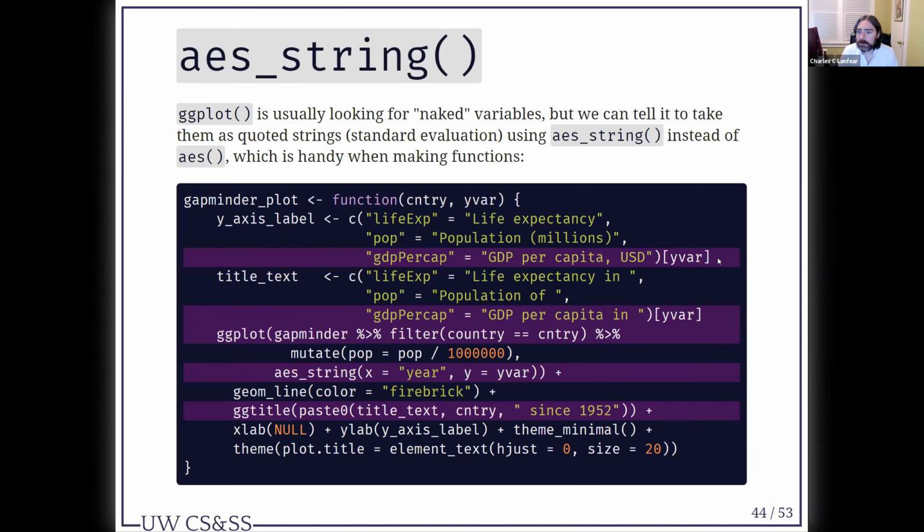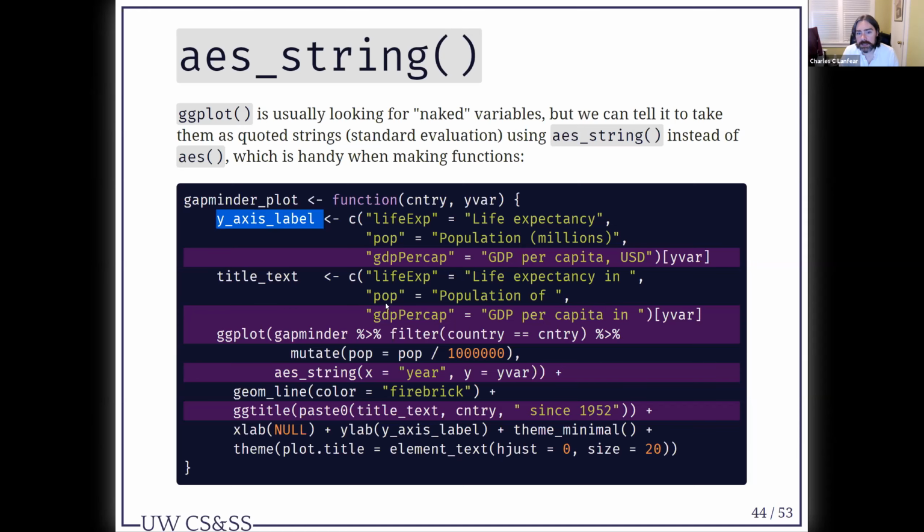The thing is, though, I'm immediately subsetting this vector. What's going to be assigned to y-axis label? If you imagine we pass to this function GDP per capita as the y variable, it's going to look at this whole vector here, and it's going to subset it immediately to the thing named GDP per capita, thus assigning the text GDP per capita USD to y-axis label.